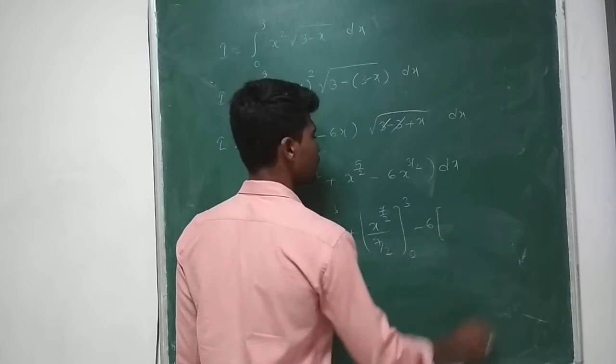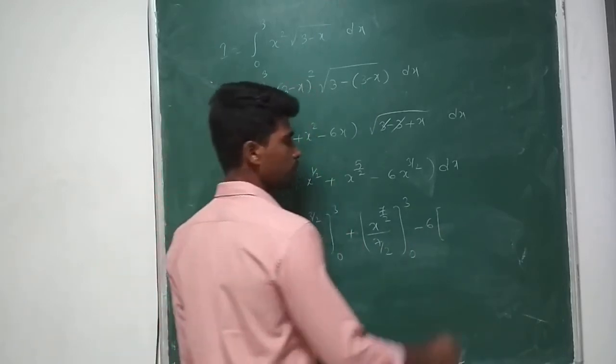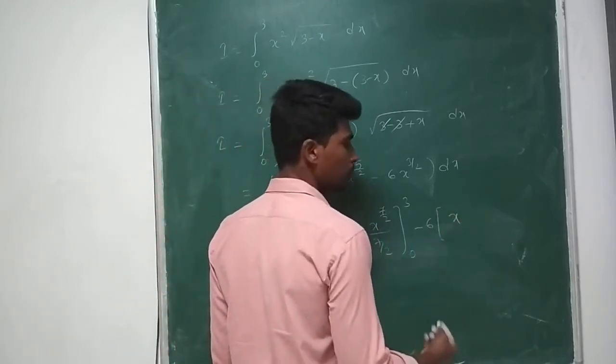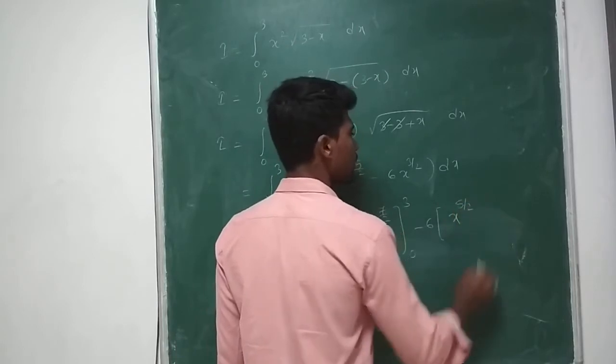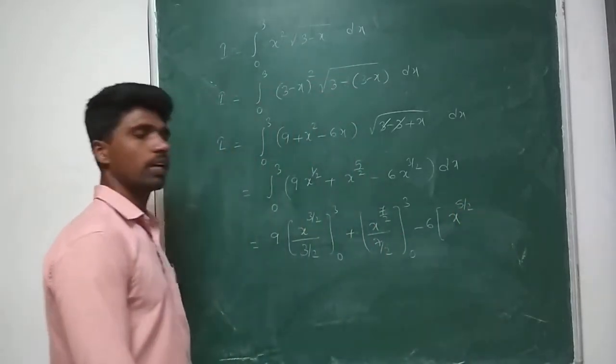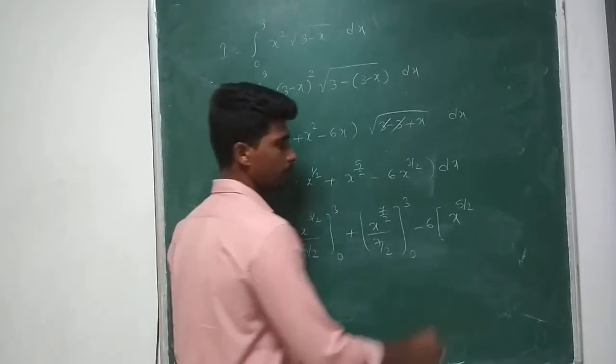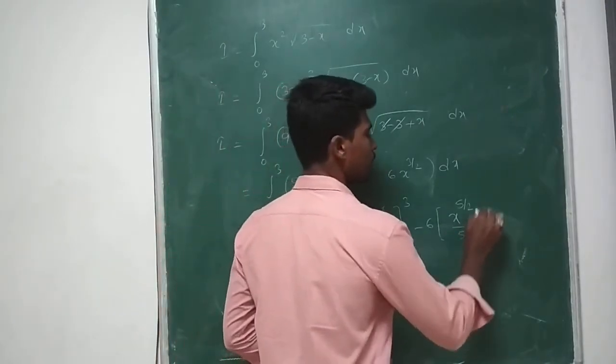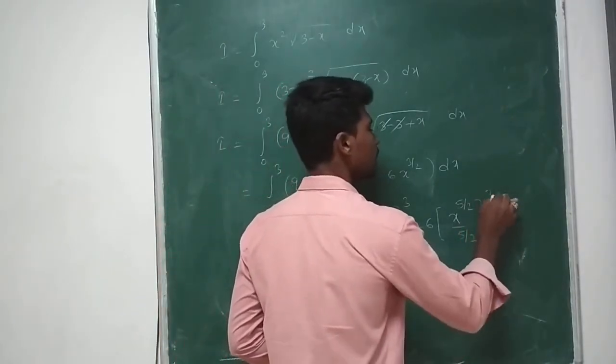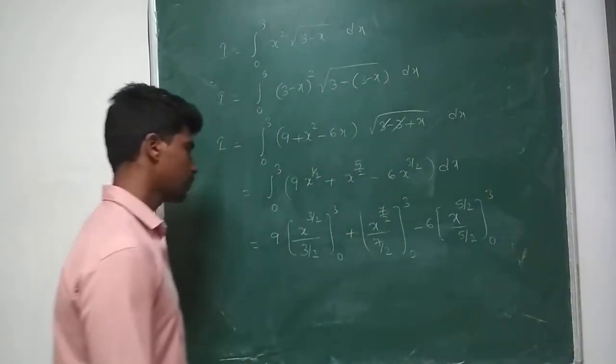Minus 6, x power 3 by 2 plus 1, that is 5 by 2, by 5 by 2. The limits are 0 to 3. Substitute.